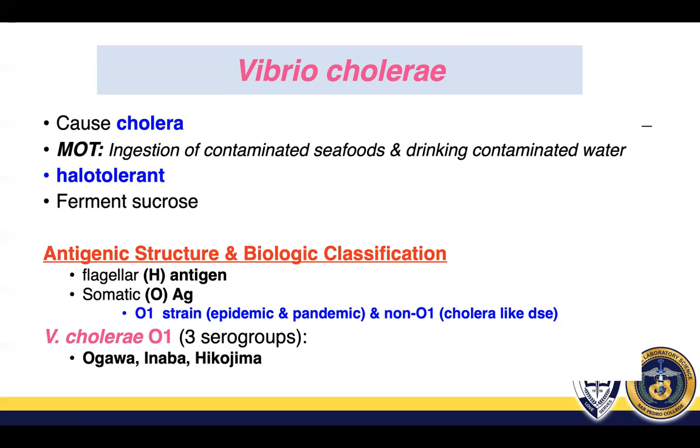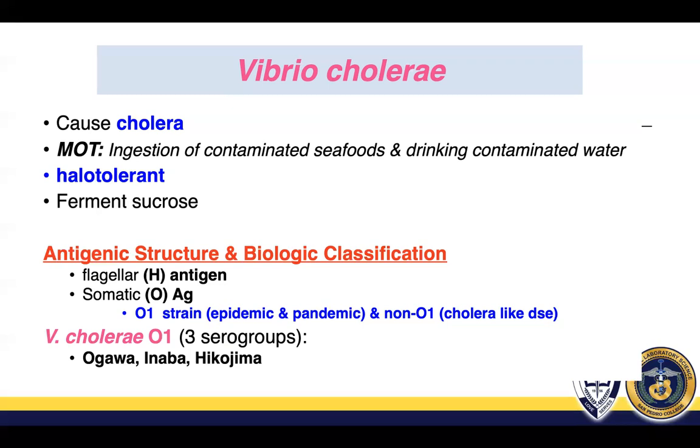Death may occur as a result of severe dehydration. Mode of transmission, of course, is ingestion of contaminated seafood or undercooked shellfish, or drinking contaminated water. Vibrio cholerae again is non-halophilic, but it's halotolerant and it can ferment sucrose.